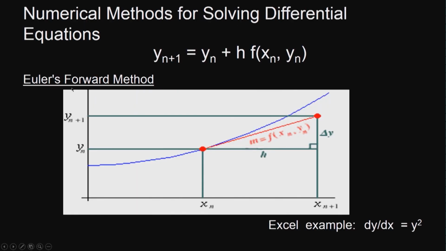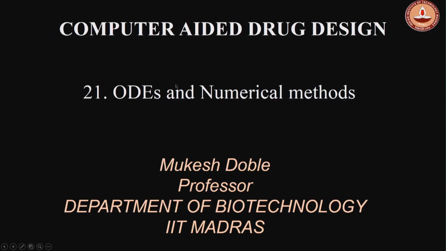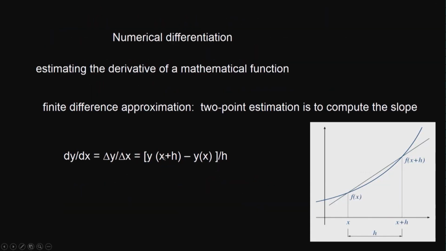So the simplest method is Euler's forward method. What it does is just like the original one we looked at a long time back; we use a similar one. So you get y(x plus h).